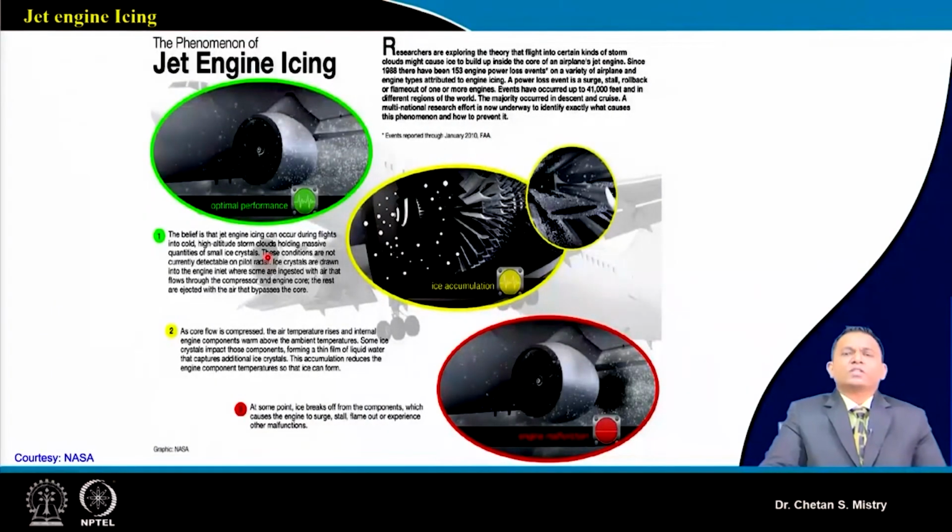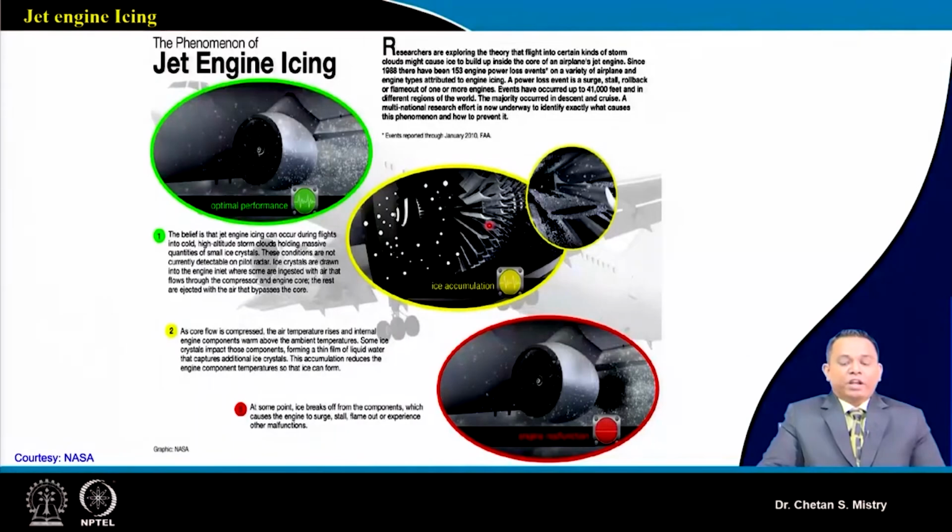Now this is one of the major challenges, called the icing issue. When commercial aircraft are flying at high altitude, maybe in the range of 41,000 or 40,000 feet, under that configuration ice particles will go inside the engine.